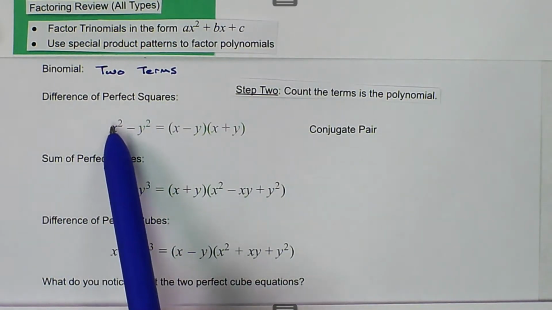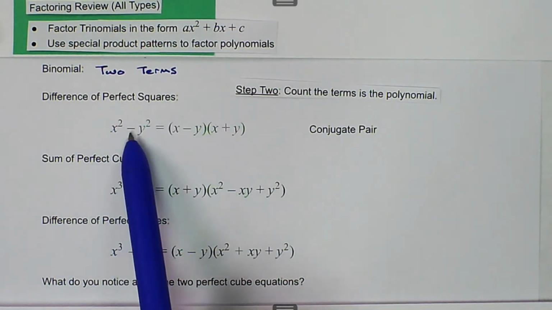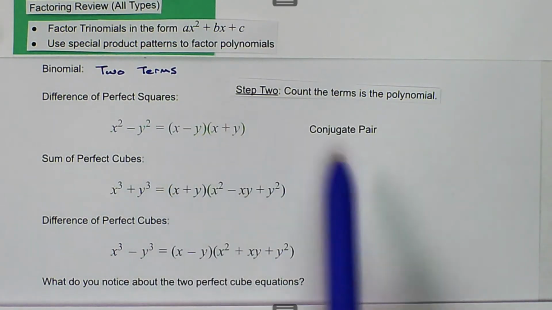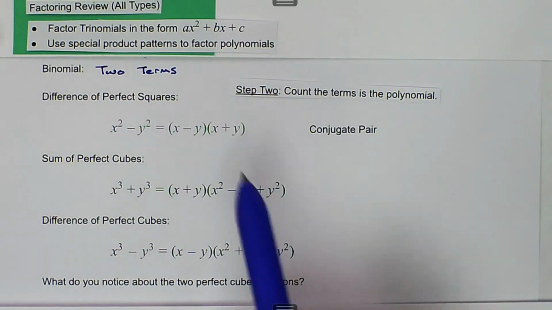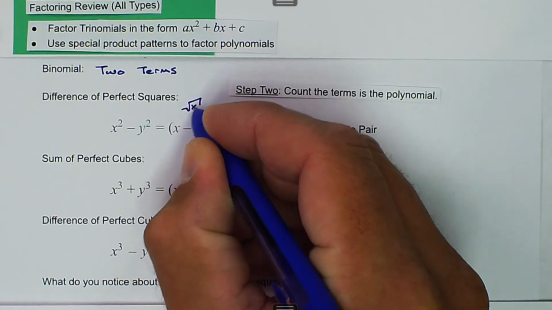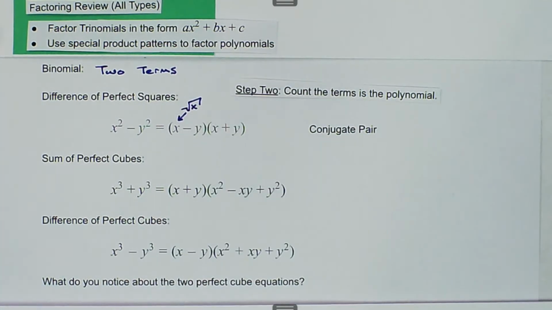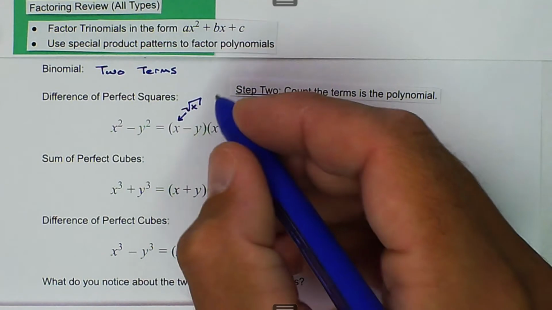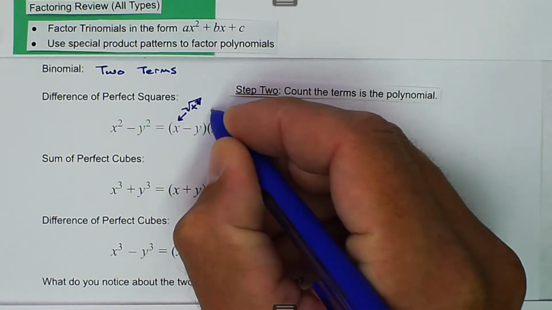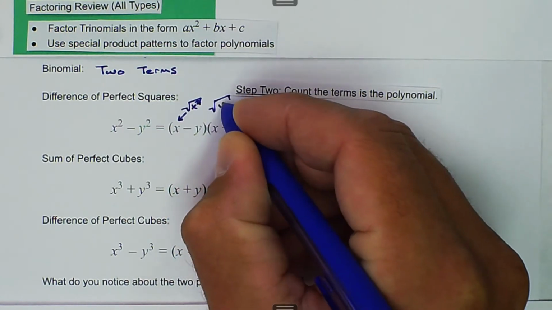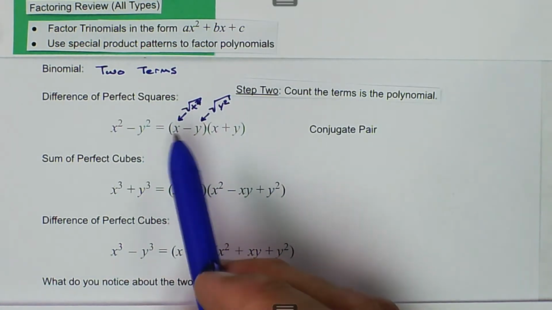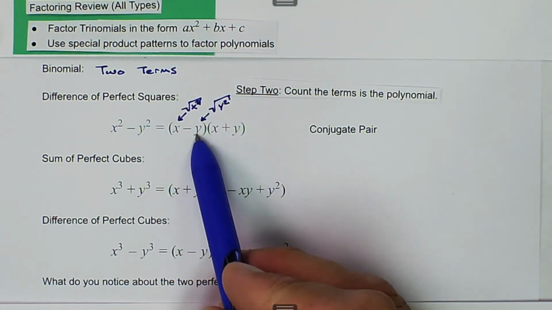So if we have the difference of perfect squares, x squared minus y squared, the way that we factor that is we use a conjugate pair. We take the square root of x squared, and that gives us our first term in the binomial, and then we take the square root of y squared, and that gives us our second term of the binomial.